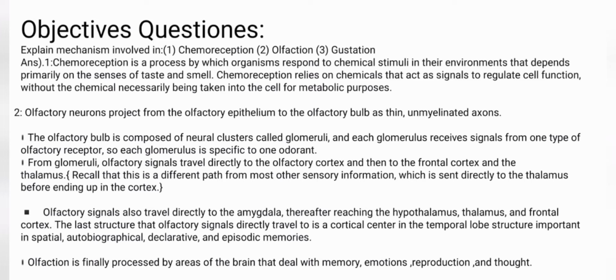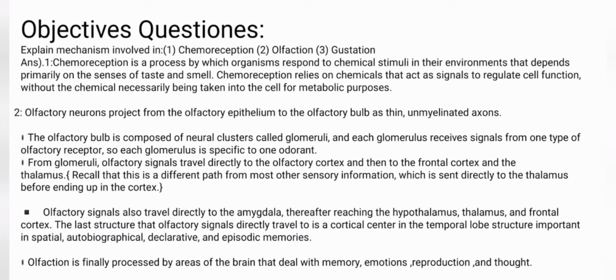So each glomerulus is specific to one odorant. From glomeruli, olfactory signals travel directly to the olfactory cortex and then to the frontal cortex and the thalamus. Recall that this is a different path from most other sensory information, which is sent directly to the thalamus before ending up in the cortex.